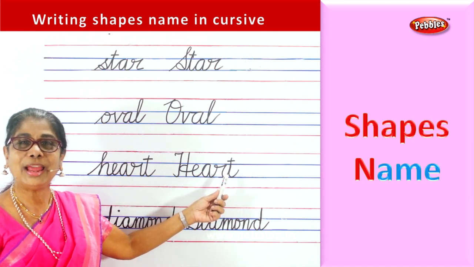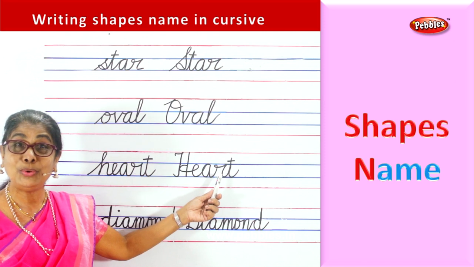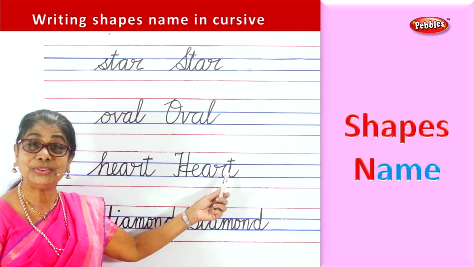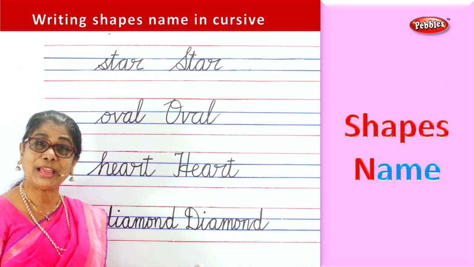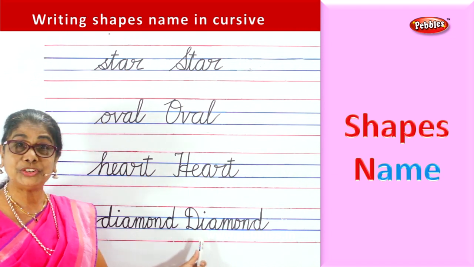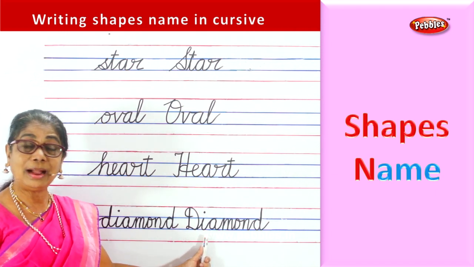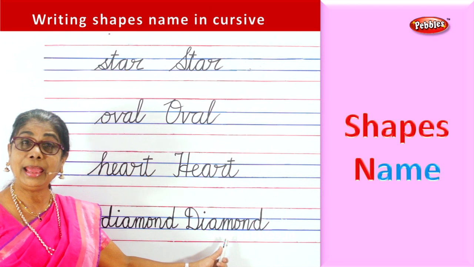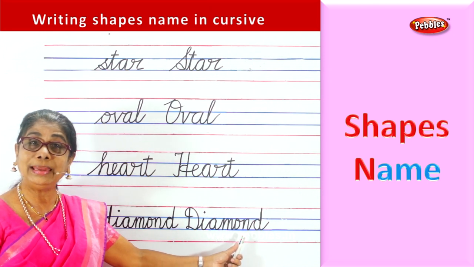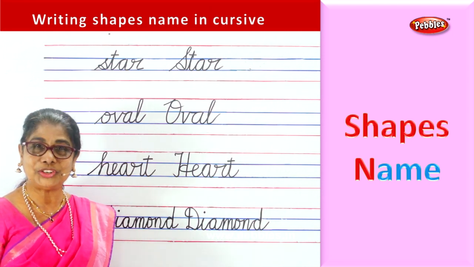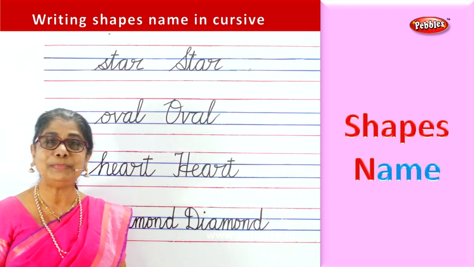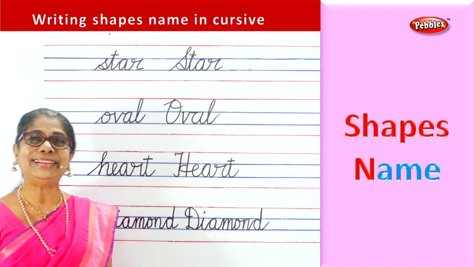Yes. Now you like to have a heart-shaped balloon for your birthday? Good. What's the last shape we have here? Diamond shape. Diamond. You can make a diamond shaped kite to fly in the sky.